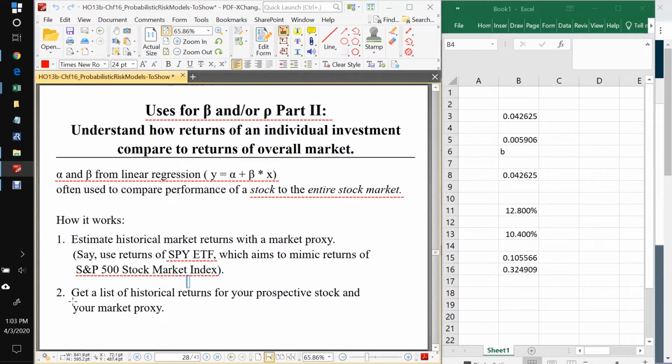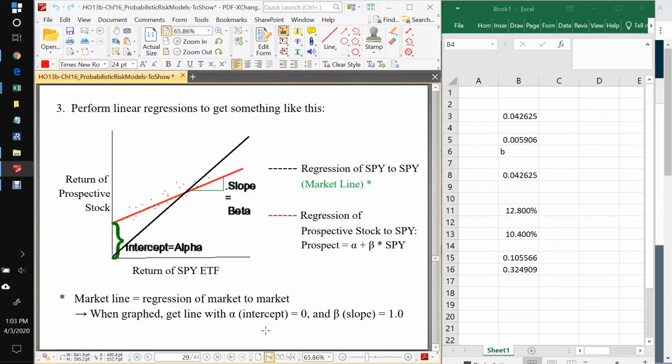And then we get a list of historical returns for our prospective stock, whatever we want to compare to the market. And once we do that, then we perform a linear regression saying return of Y, our prospect, is equal to alpha plus beta times the return of the market. So this is the regression that we'll do.